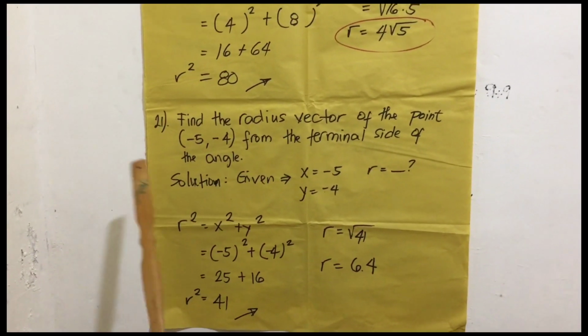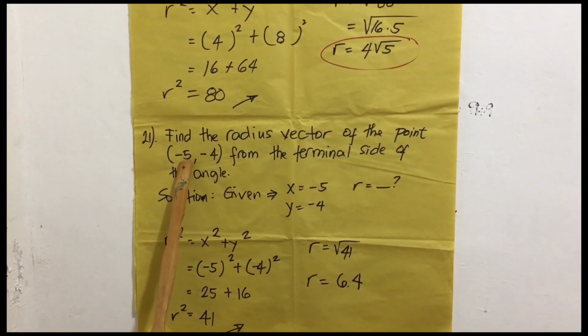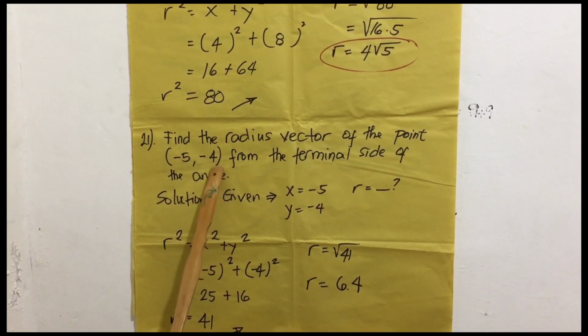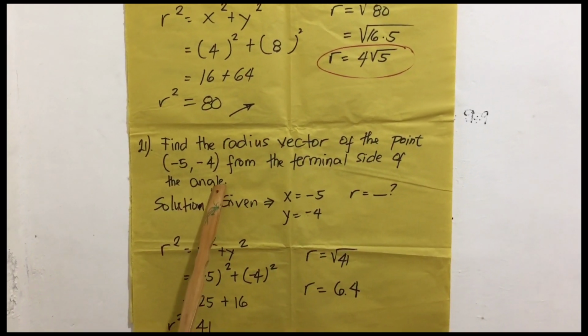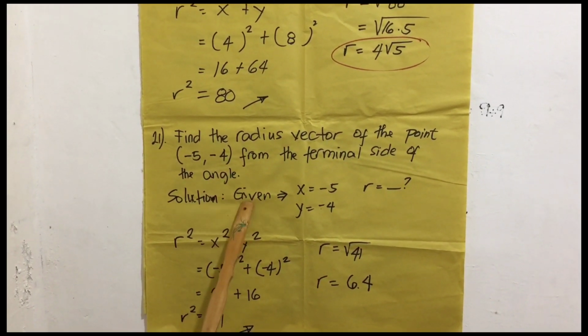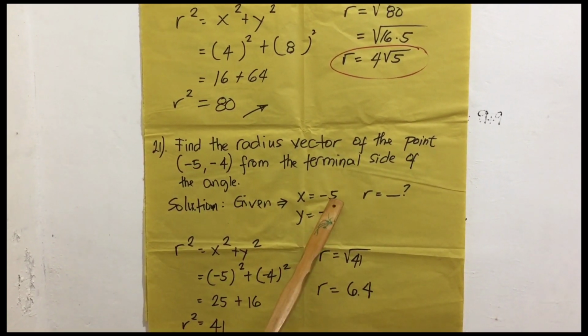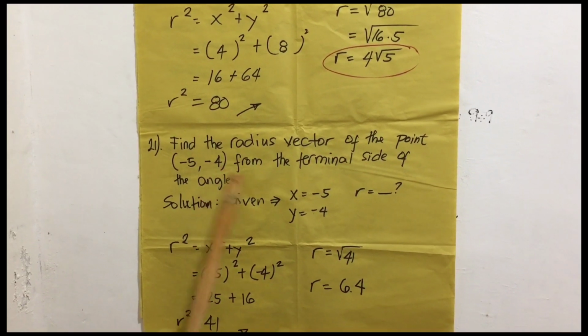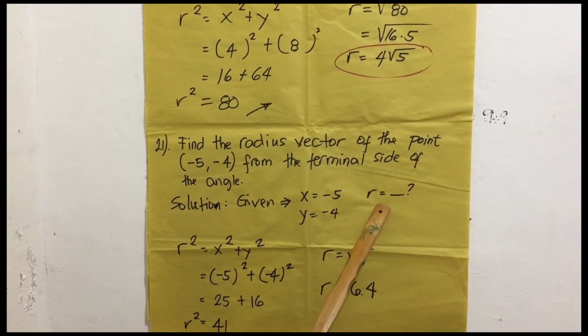Next, number 21. Find the radius vector of the point (-5, -4), or the coordinate from the terminal side of the angle. So our solution: first determine the given. The given, we have the x, -5, and our y is -4, and the radius vector is not given, so we're going to compute.